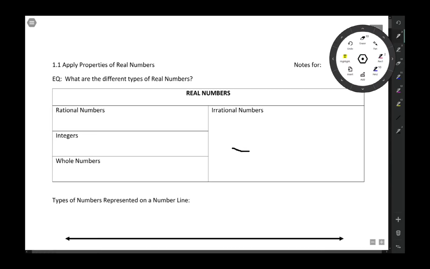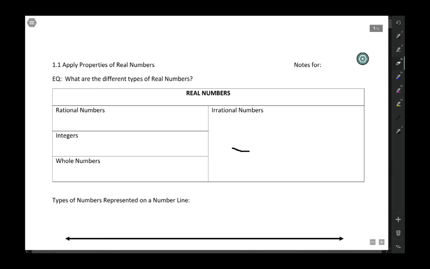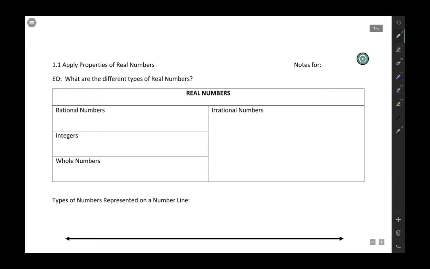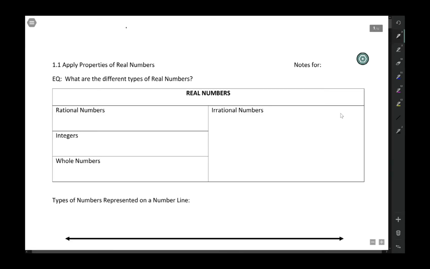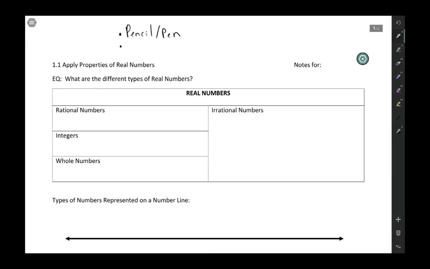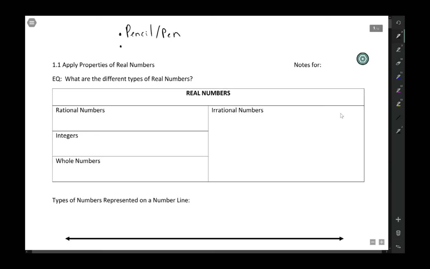Now, as you are starting to get used to this, hopefully it's rather easy to see what's going to be happening. Again, be sure you have a pencil, a pen, some different colors will help you out in the future. Make sure you have your little notebook next to you to write down any additional questions. You can either write them on here, but again, you want to bring your questions to class.